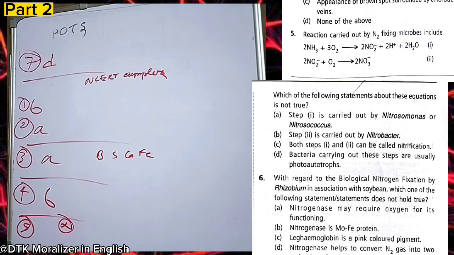No, chemoautotrophs. So option D would be right, because these bacteria are chemoautotrophs, not photoautotrophs.